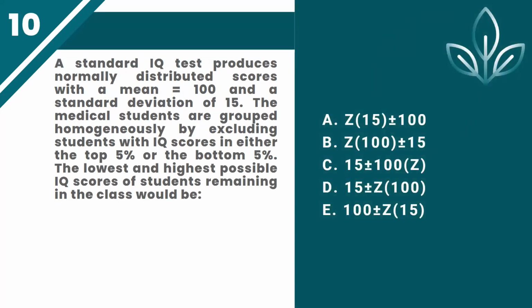Last MCQ: the standard IQ test produces normally distributed scores with a mean equal to 100 and a standard deviation of 15. The medical students are grouped homogeneously by excluding students with IQ scores in either the top or the bottom. The lowest and highest possible IQ scores of students remaining in the class would be: A, Z into 15 plus minus 100; B, Z into 100 plus minus 15; C, 15 plus minus 100 into Z; D, 15 plus minus Z into 100; and E, 100 plus minus Z into 15.